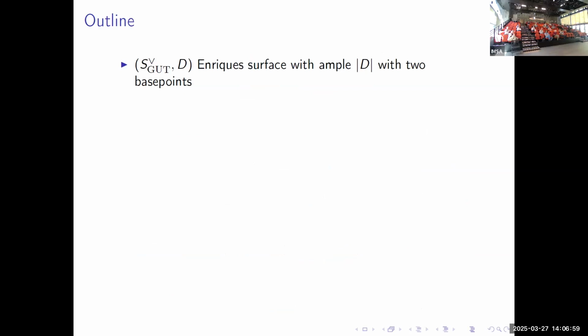So then we'll take the quotient under that free involution. That'll give us an Enriques surface with an ample polarization, but the linear system will have two base points. And those two base points are where the elliptic fibers actually become cuspidal.